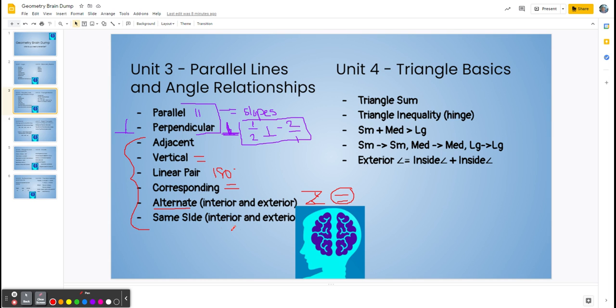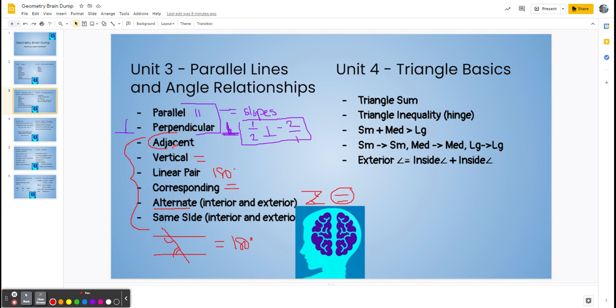What about same side interior? So if I've got same side interior, that's obtuse plus acute equals 180. Obtuse plus acute equals 180 every time. Acute equals acute and obtuse equals obtuse.